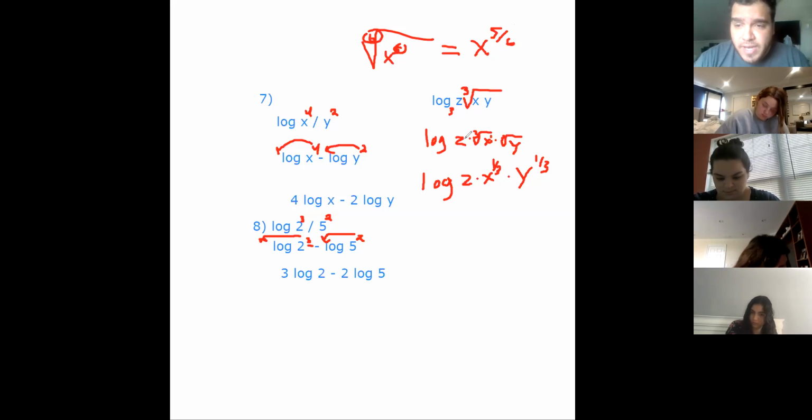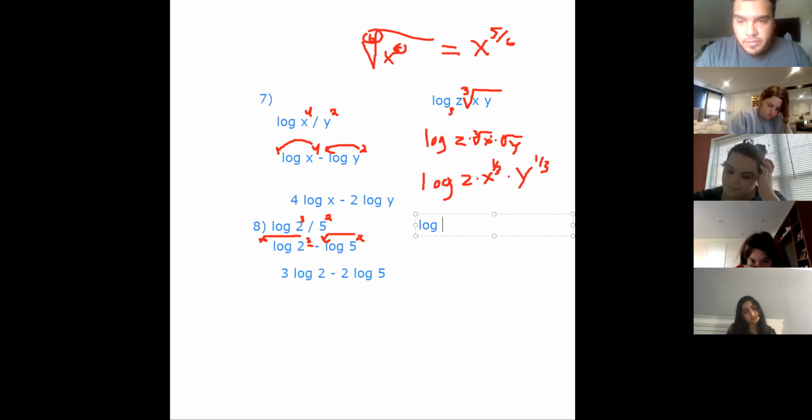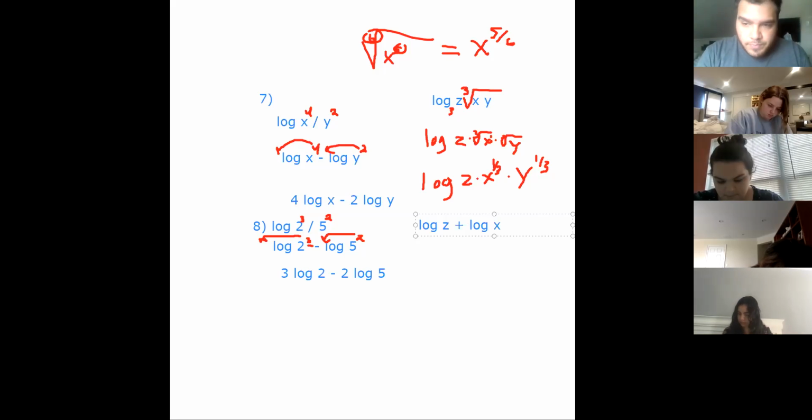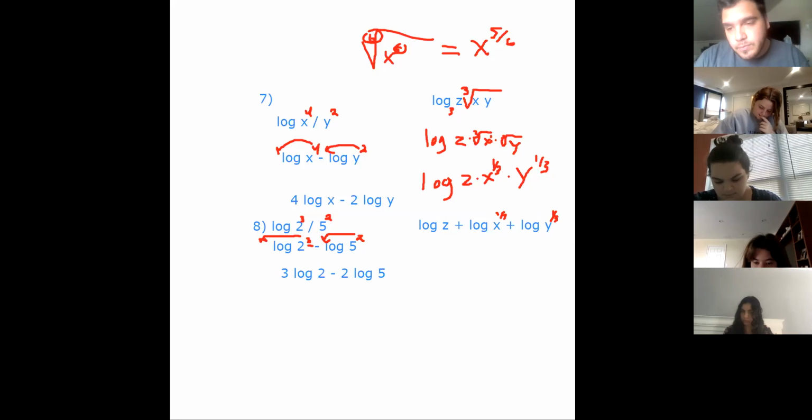Okay, so now these are normal exponents, and they're all multiplied. I could first rewrite them as plus signs. So now I'm going to rewrite all this: log z plus log x to the 1/3 plus log y to the 1/3. So we have that.